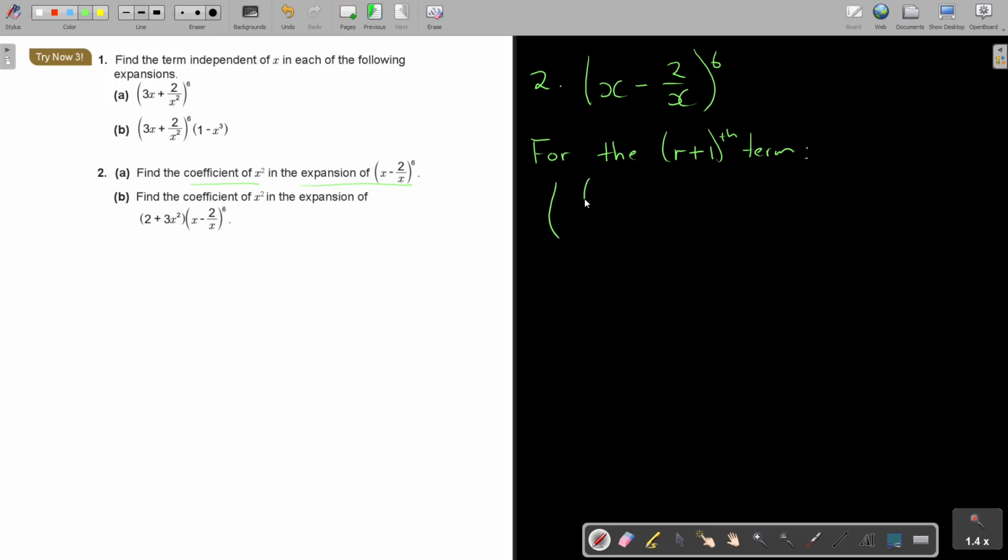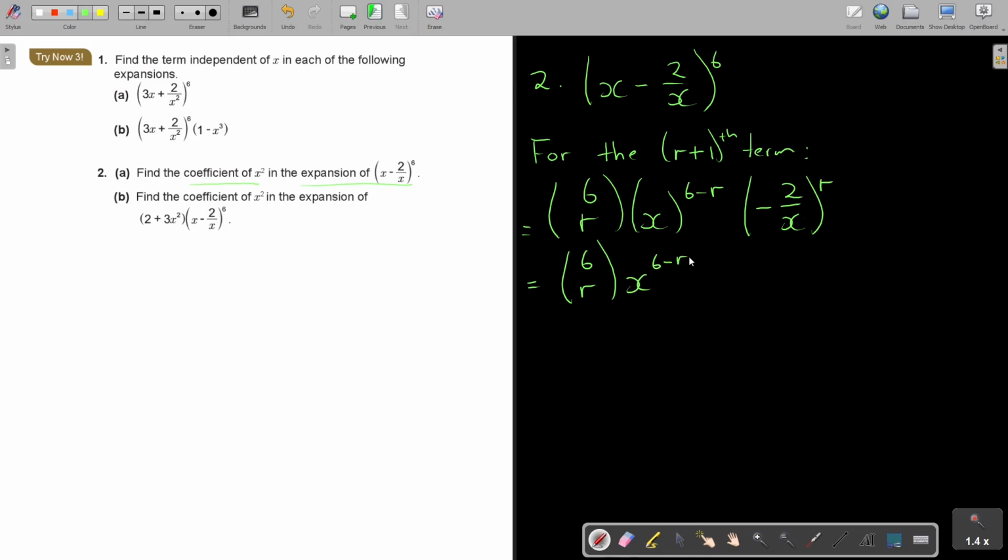Then it's going to be 6 choose r, first term, 6 minus r. Okay, I'm going to put this step in. So it's going to be 6 choose r, and it's going to be x to the power 6 minus r, and it's going to be negative 2 to the power r, and it's going to be x to the power, the x is coming up, so negative 1, so negative r.